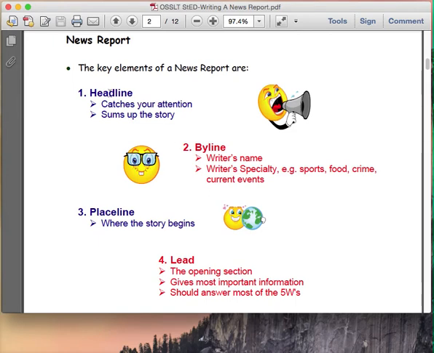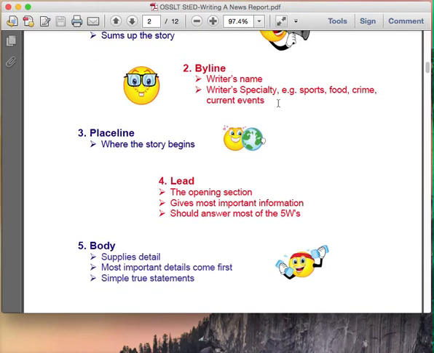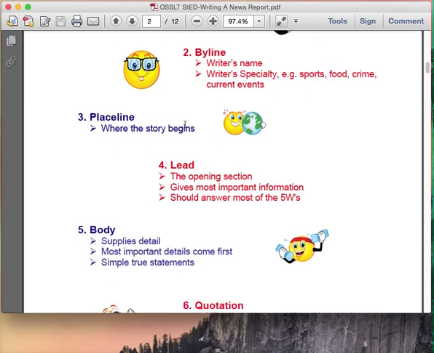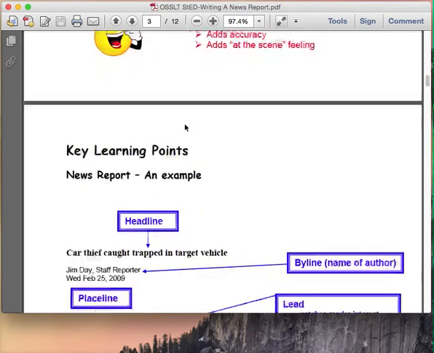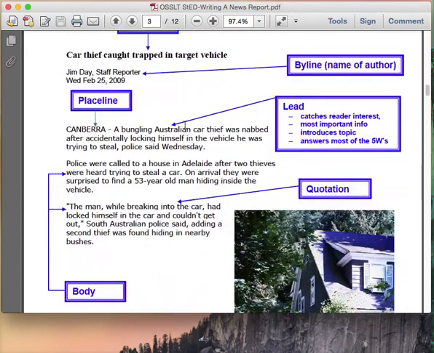So we mentioned a headline is provided for you, so is a picture. In this case, the creators of this resource identified a few other characteristics of a news article, and you can see them here. I'm just going to go down because they provide a nice little example here.